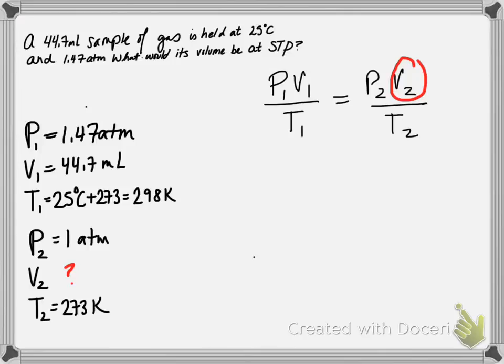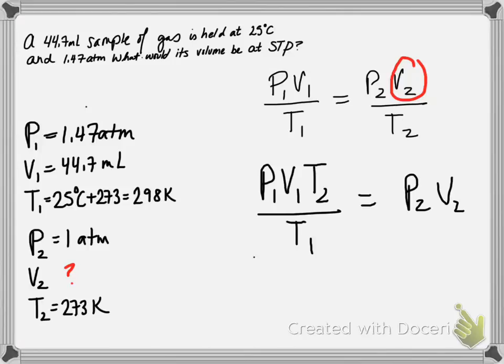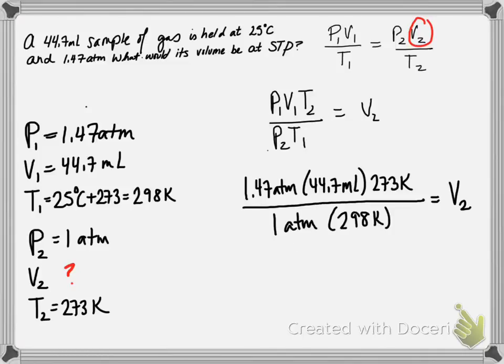We multiply both sides by T2, and divide both sides by P2, giving us P1 V1 T2 over P2 T1 equals V2. Now it's time to plug in and solve. That gives us 1.47 atm times 44.7 milliliters times 273 Kelvin divided by 1 atm times 298 Kelvin.